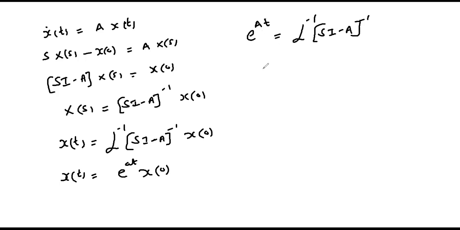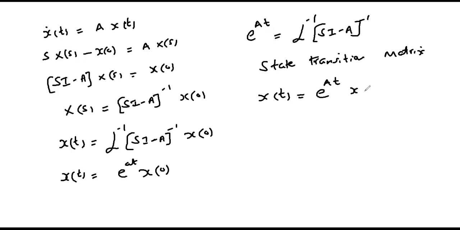This expression of e to the power At, the inverse Laplace transform of (sI minus A) inverse, is called the state transition matrix. Our solution therefore can be written as x of t equals e to the power At times x of 0.